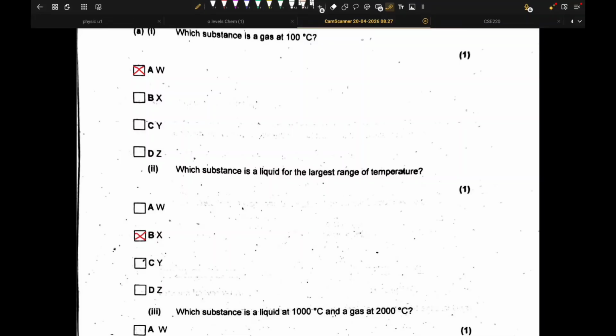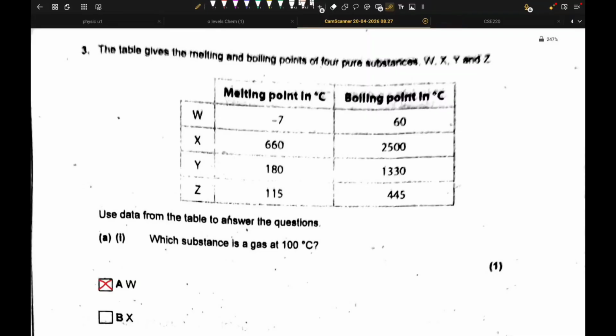Which substance is a liquid for the largest range of temperature? Now let's find the largest range of temperature. Basically we have the boiling point and the melting point, right? If you take a calculator and subtract these values from one another, we'll get a new set of values.